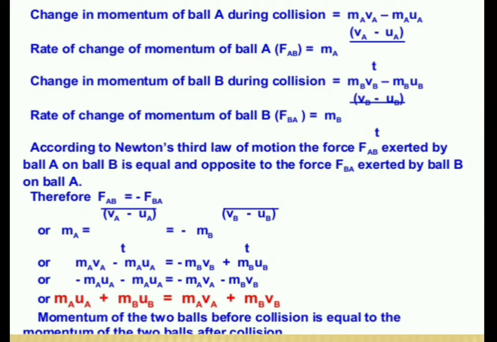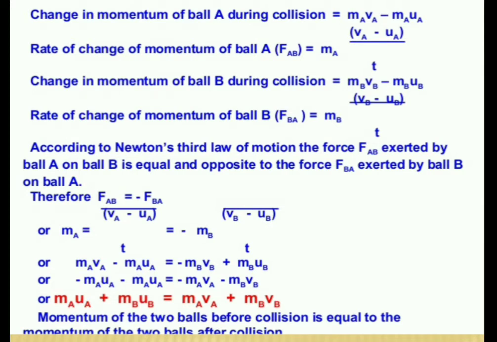Now we rearrange and separate the terms: MA UA plus MB UB is equal to MA VA plus MB VB.